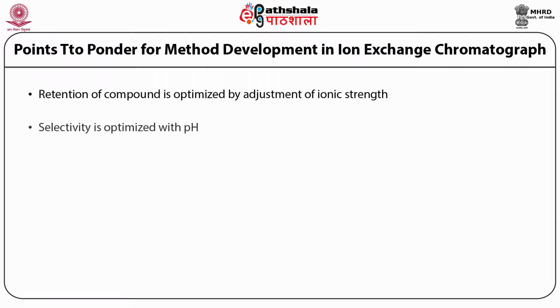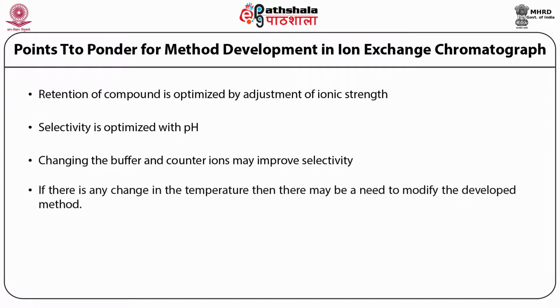Second, the selectivity is optimized with the pH. Third, changing the buffer and the counter ions may improve the selectivity criteria. Fourth, if there is any change in the temperature, then there may be a need to modify the developed method.